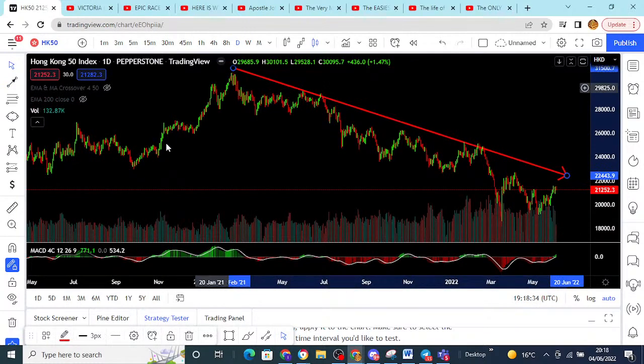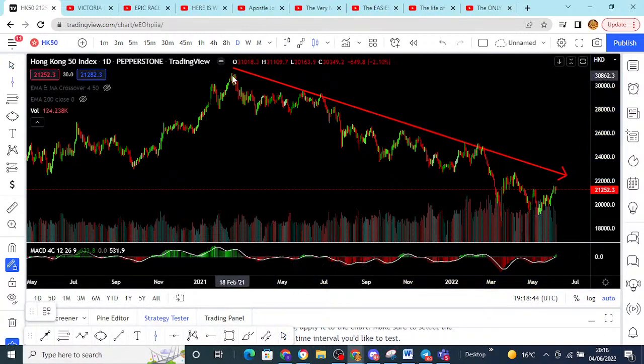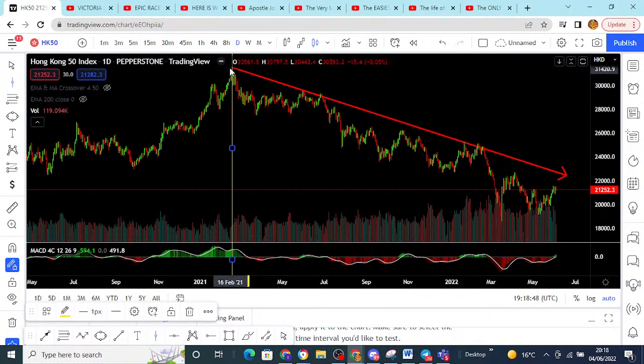This has been the position since the 18th of February, 2021. The market has been steadily declining. So we can see the higher time frame, which is the daily time frame analysis, gives us the opportunity to see that.